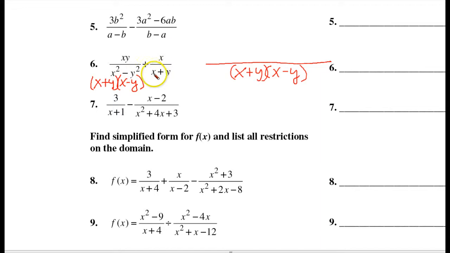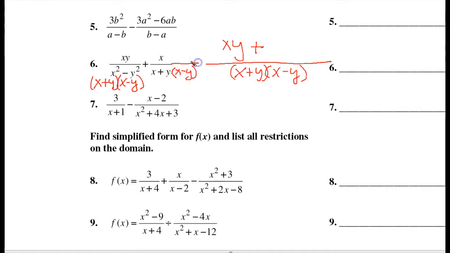Now this one is lacking an x minus y, so I can just put this up here too, xy. That would be this one here in its factored form, but now it's going to be plus something. So I have to multiply this denominator by x minus y.